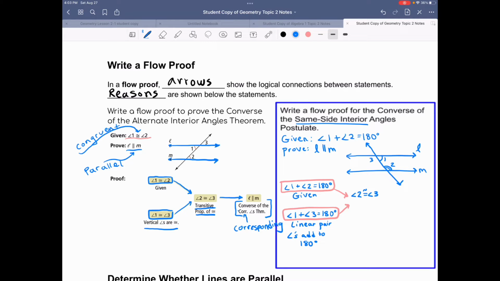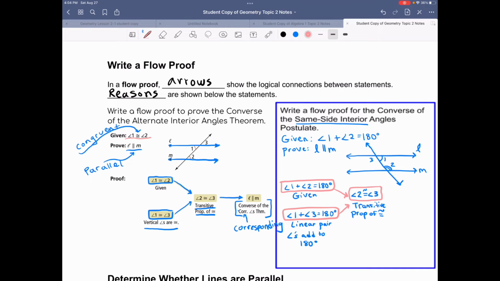So if you were to solve this, angle 2 would equal 180 degrees minus angle 1. And angle 3 would equal 180 degrees minus angle 1. So I just said the same thing. Then that means that angle 2 and angle 3 are congruent, and that's also by the transitive property of congruence. All right, and I'm going to box our statement.